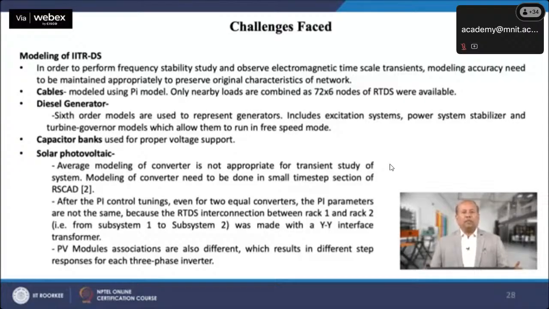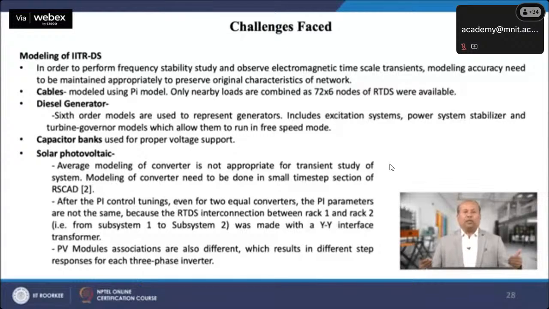The cables are modeled using the pi model as only 432 nodes are available, hence the loads which are in the vicinity are combined. This also helps in maintaining originality of the system.